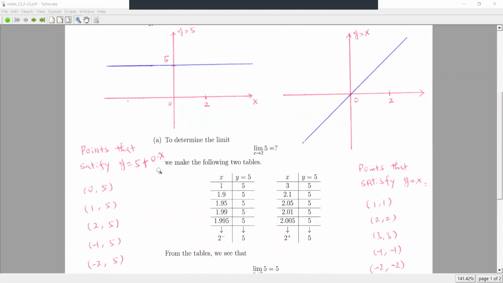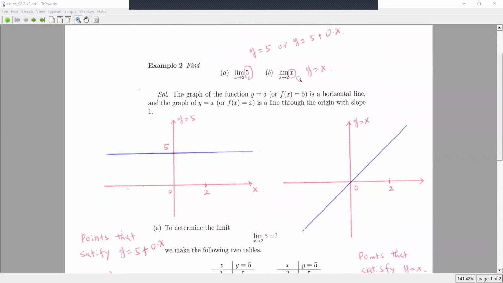When you plug in 0 in x, plug in 5 in y, the equation is true. When you plug in 1 in x, plug in 5 in y, the equation is true. So all such points together, they form this horizontal line.